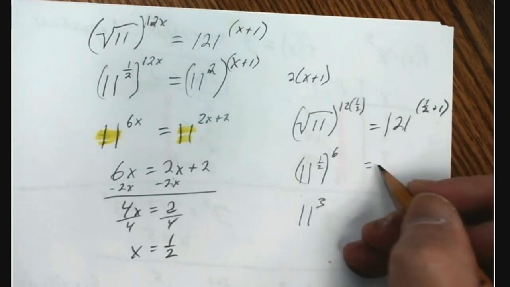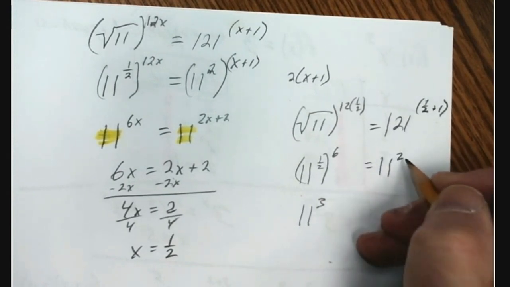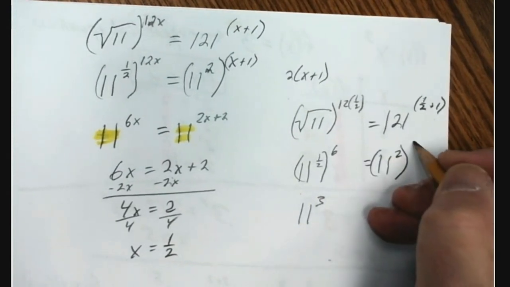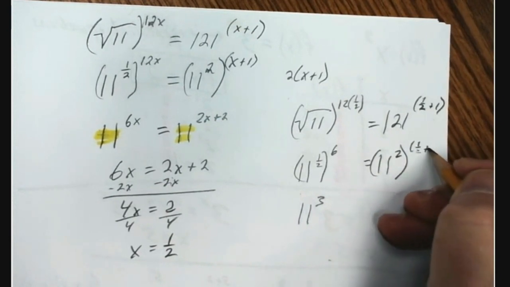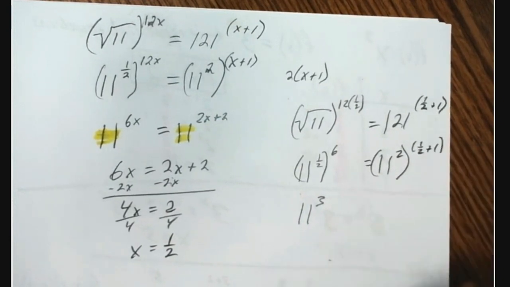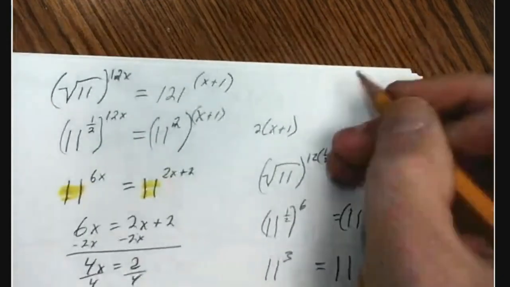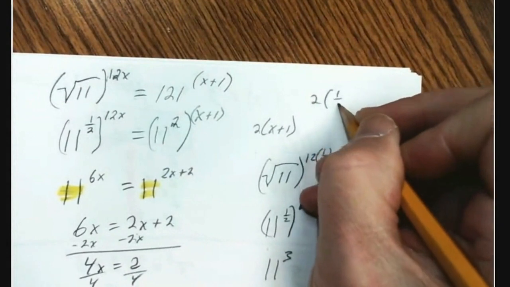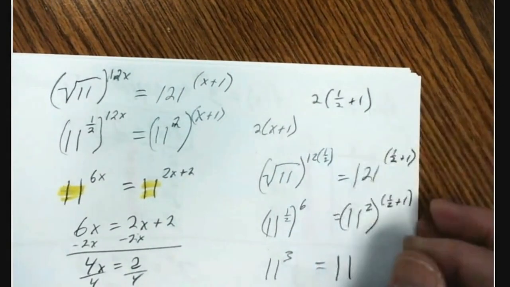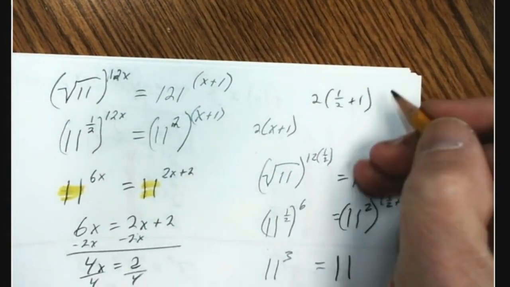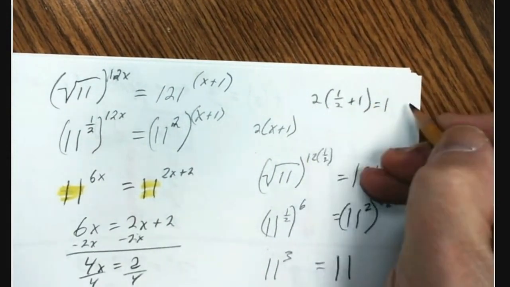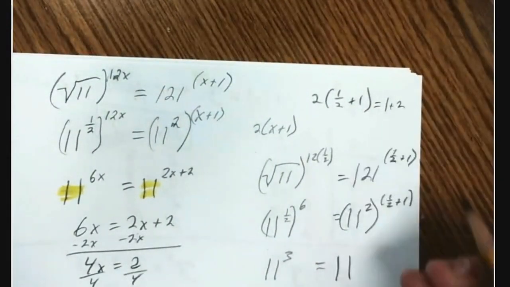Over here, we've got 11 squared to the power of 1/2 plus 1. And if we simplify that, 2 times 1/2 plus 1. 2 times 1/2 is 1. 2 times 1 is 2. 1 plus 2.